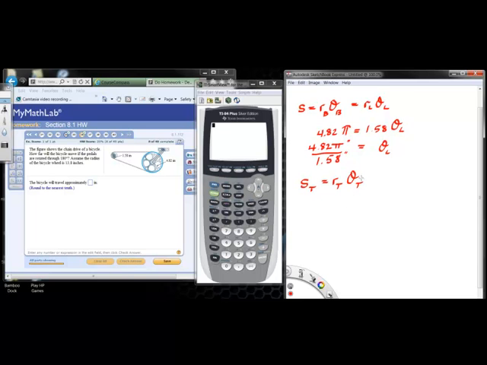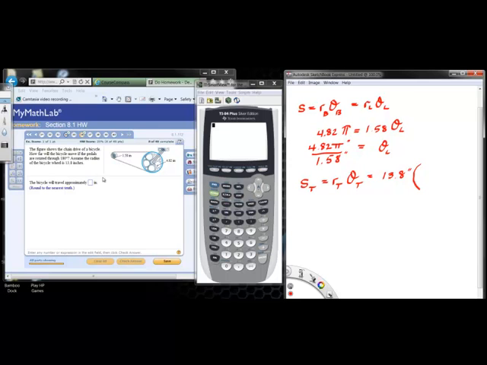Well, the angle that the tire is turning through is the same angle as this smaller gear, which is this guy up here, which is this guy over here. So this is going to be equal to the radius of the tire, which they tell us here, assume the radius of the bicycle wheel is 13.8 inches, and multiply that times theta_t, which is equal to theta_L, right?